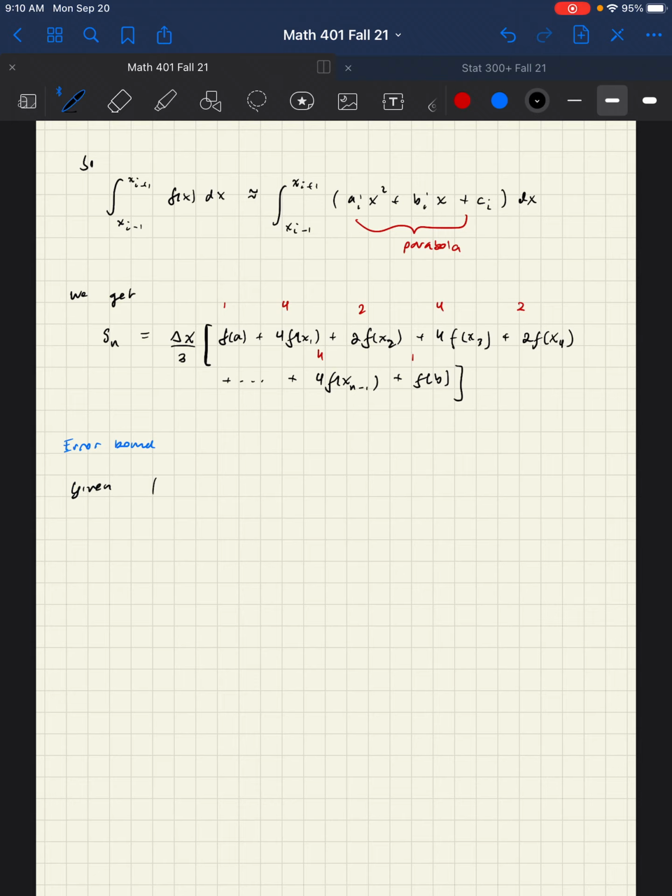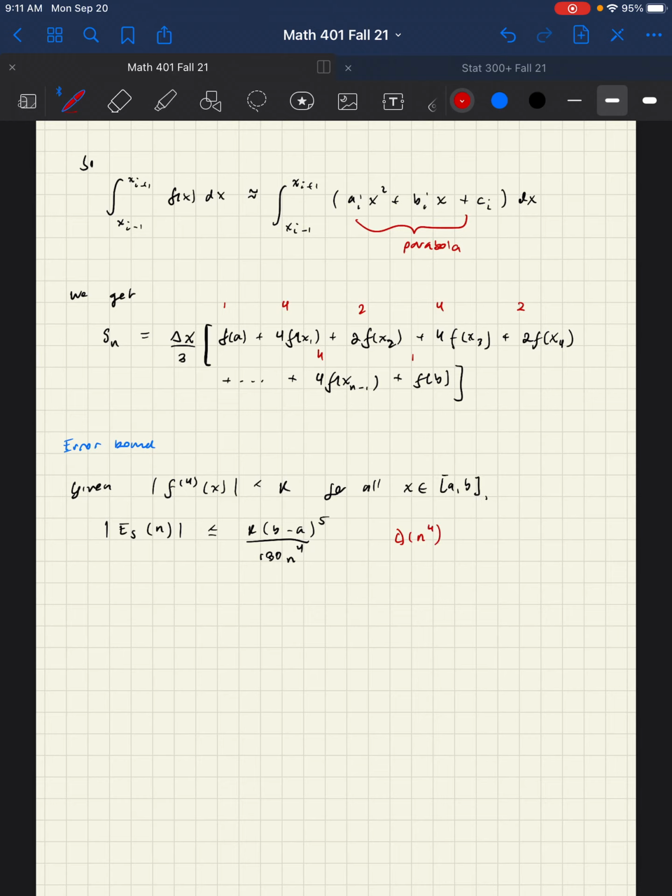So the formula now that determines how well this approximates the actual integral says that given the fourth derivative of f is bounded by K for all x values in that interval, the error using the Simpson's rule approximation as a function of the number of subintervals that we pick is no greater than K times (b minus a) to the 5th power all over 180 n to the 4th power.